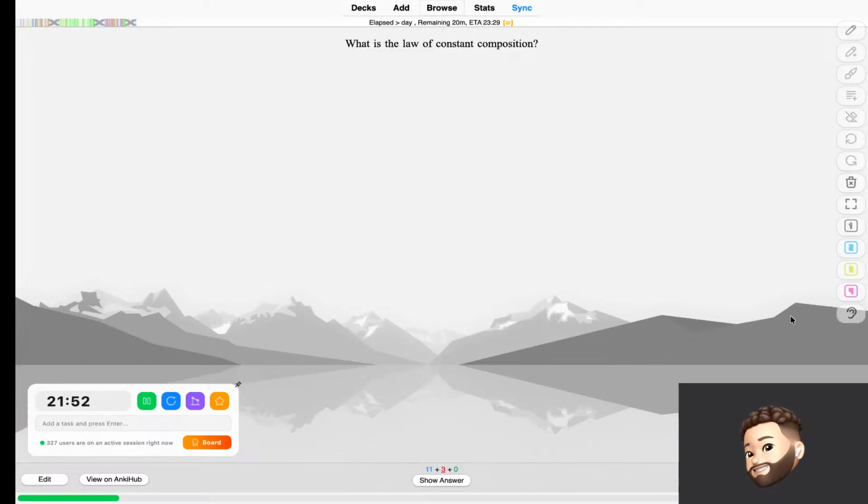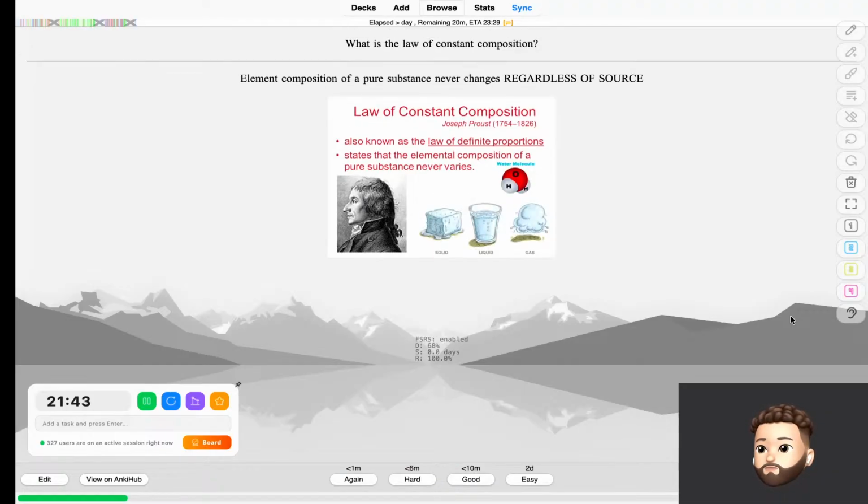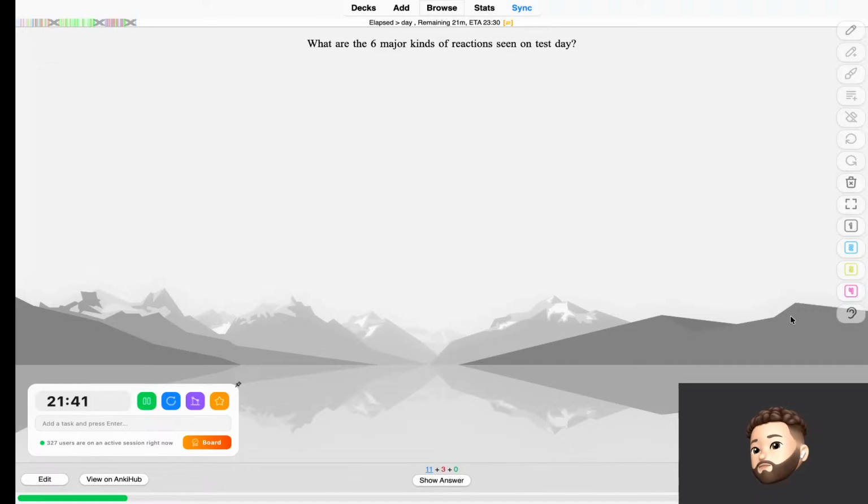So you know what that means? Sustained. What is the law of constant composition? It means that regardless of source, it's always gonna be in a constant proportion. What are the six major kinds of reactions? If we're going by general chemistry, we're gonna have a synthesis reaction, decomposition reaction.